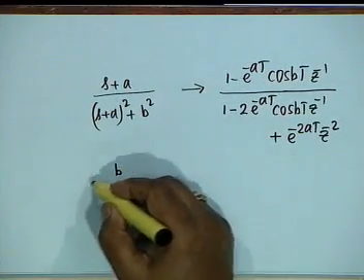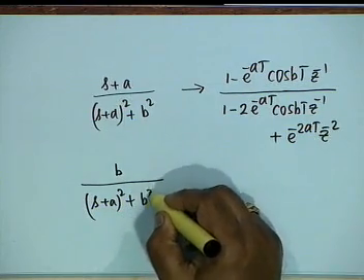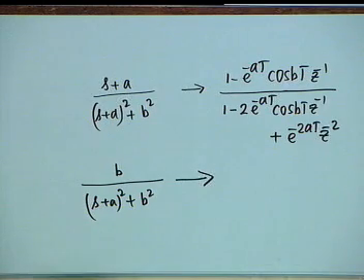These are two things that you have to remember. And the other relationship is B by S plus A whole squared plus B squared.